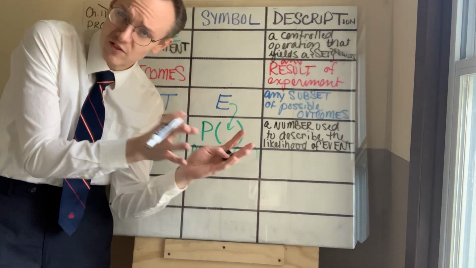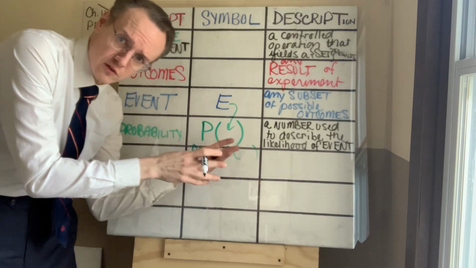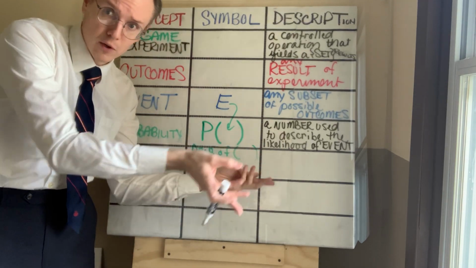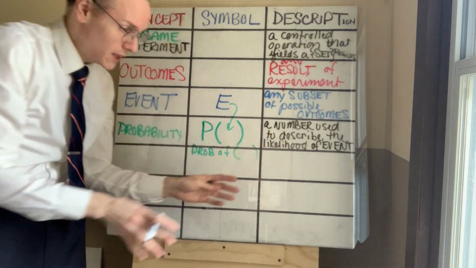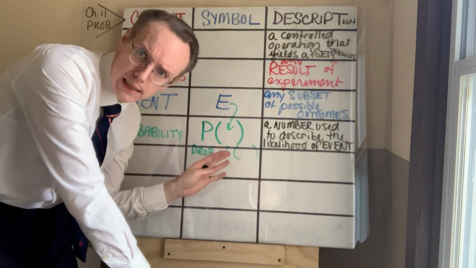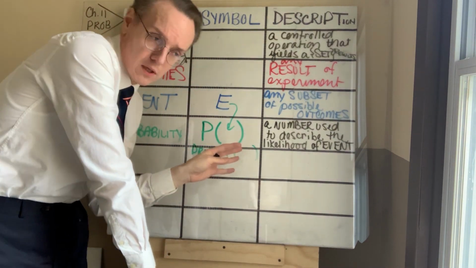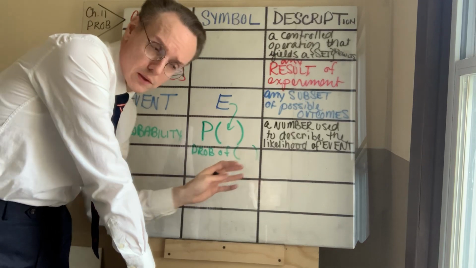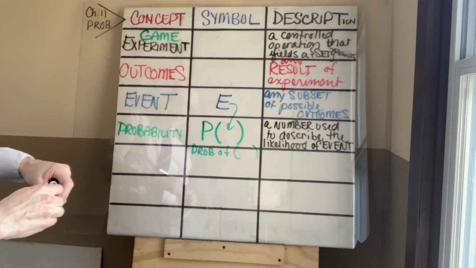Its job is to translate something that is an actual game, an experiment, something that happened in the real world, into something that is purely symbolic and mathematical. Often it is just a fraction.